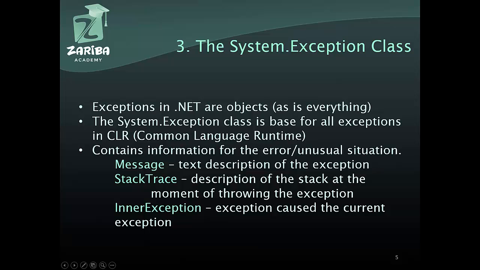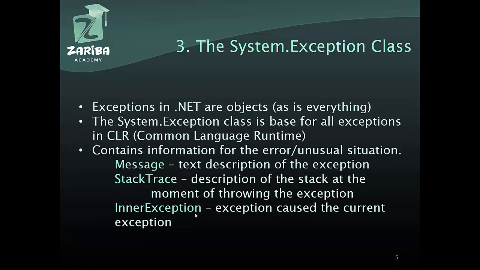I didn't show this, but I'll show it now. Every exception has a message, which is a text description of it, and it has a stack trace, something that we saw and I briefly explained to you as well, and it has an inner exception.